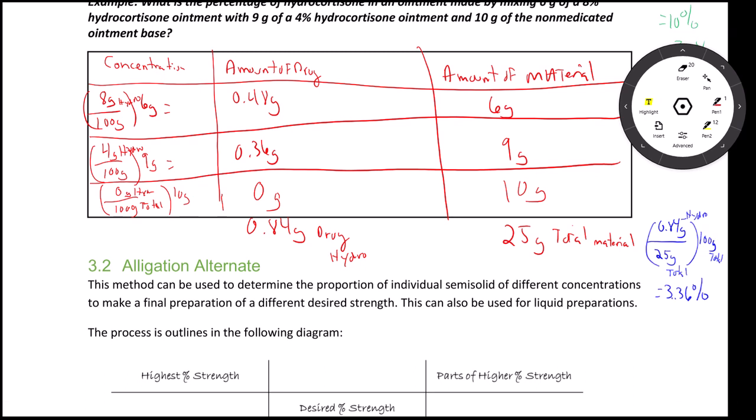Fancy term for we're adding up the concentrations of the material that we're using to get a final concentration, right? Mixing different materials together. There's something that is also called alligation alternate.